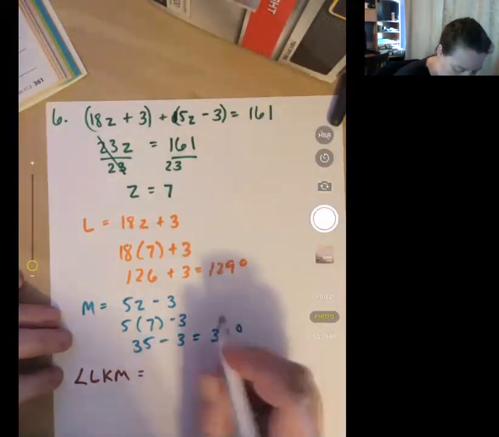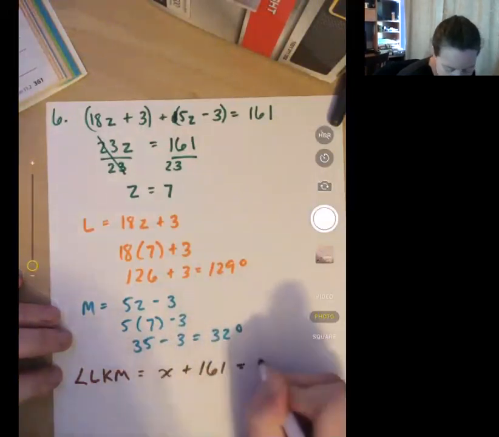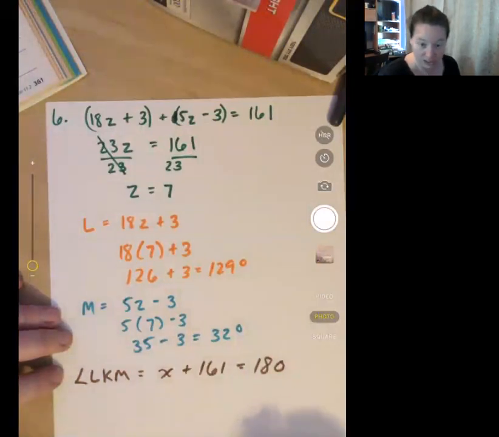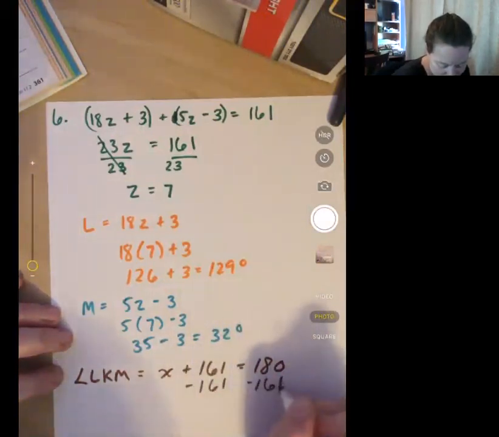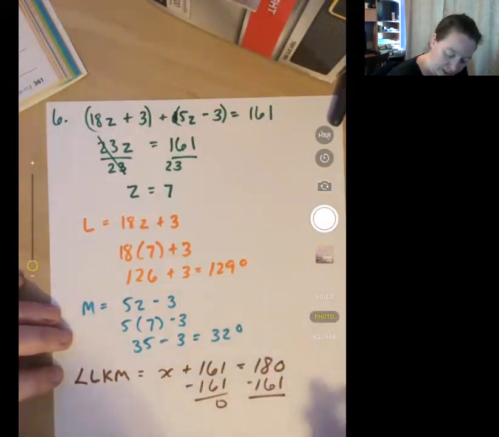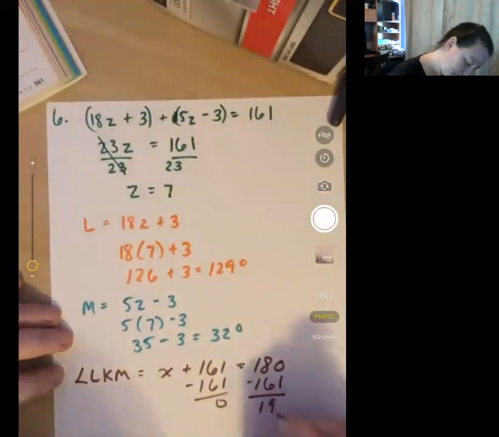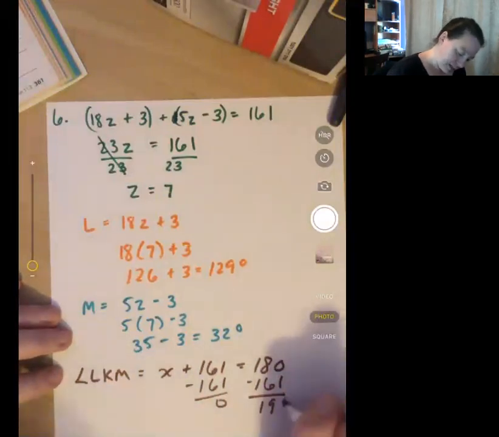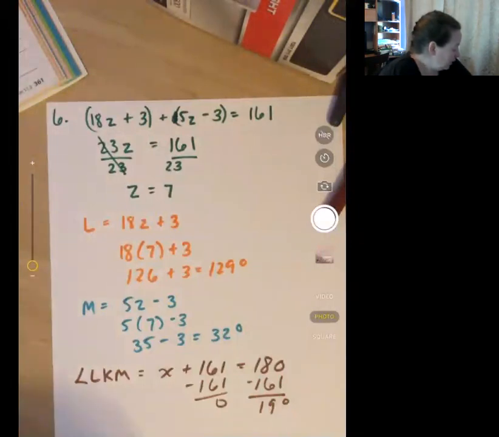So I am going to go x plus 161 is equal to 180 degrees, and I'm going to subtract 161 from both sides. And 180 minus 161 is 19. So it is 19 degrees is our final angle.